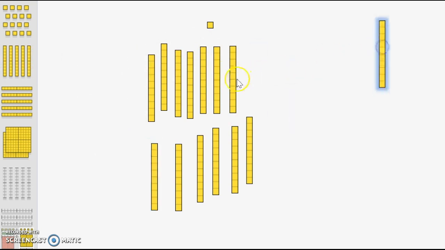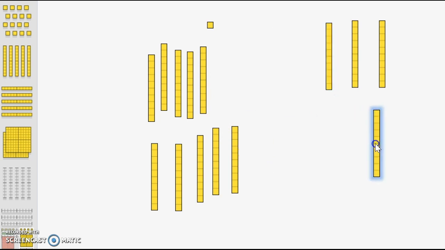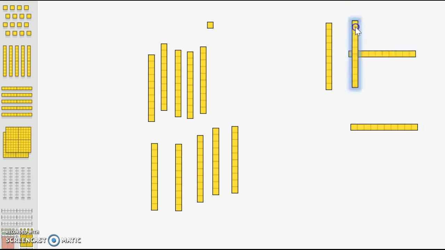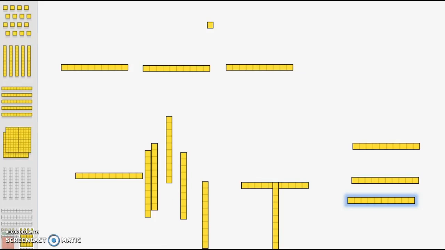So let's start putting them into groups of 3 and see what we can come up with. We might have to rotate them. I'm not going to have enough room on my screen. Okay, picking up where we left off, we have 141 divided by 3.